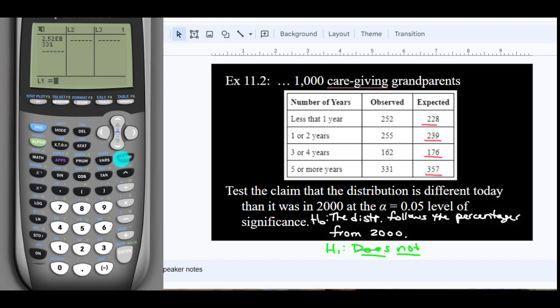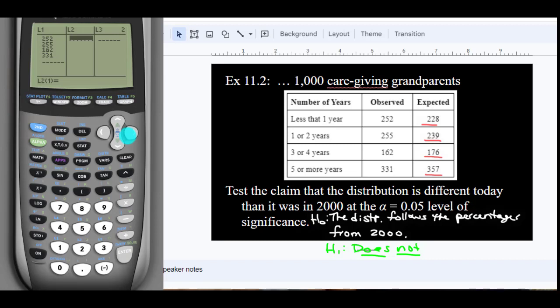Oh, clear, enter. Somehow I got up on the top. Okay, 252, enter. 255, enter. There we go. 162, enter. 331, enter. So those are the 4 categories for the observed counts.